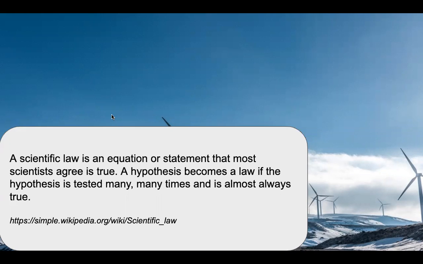A law is almost always true. As you can see, I've just taken that definition from offline. It's probably better to say is always true, particularly when, for something to become a law, it's got to be definitive. There are more laws in physics and chemistry, because in physics and chemistry, things are either right or wrong.